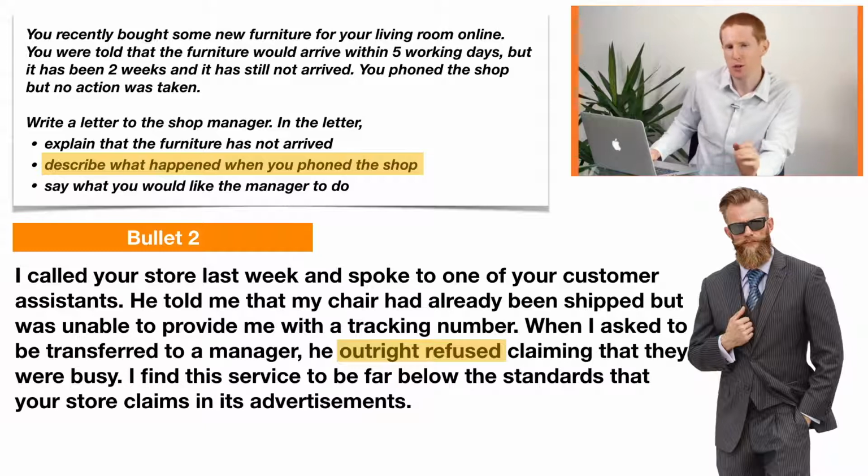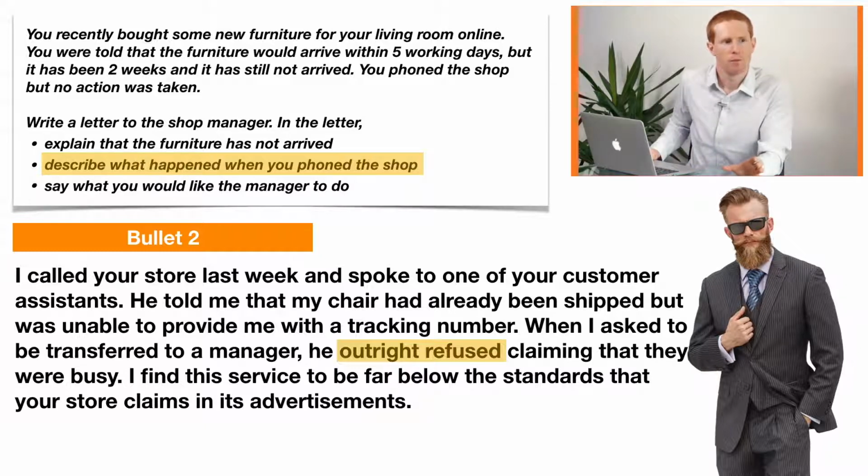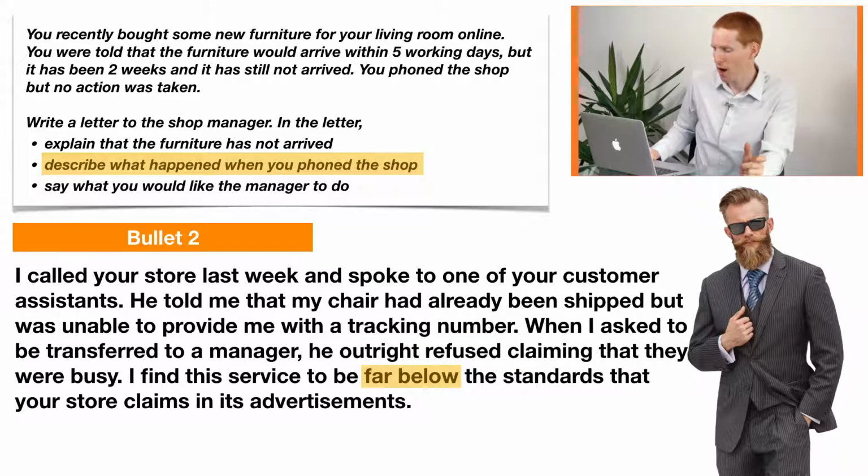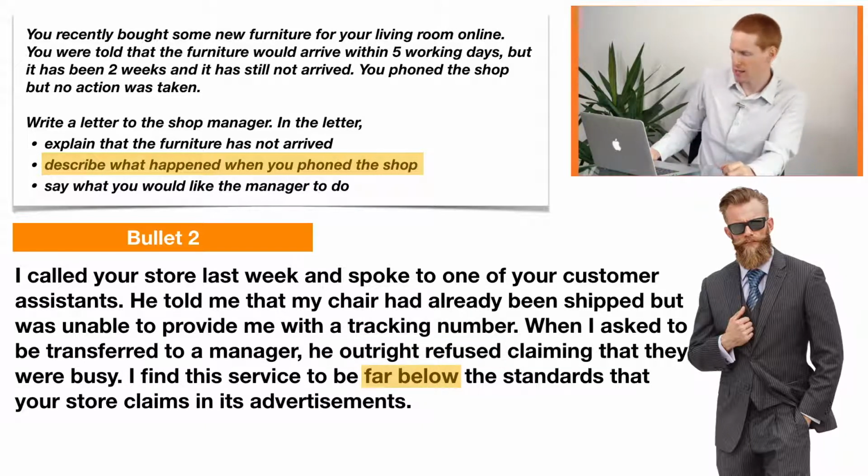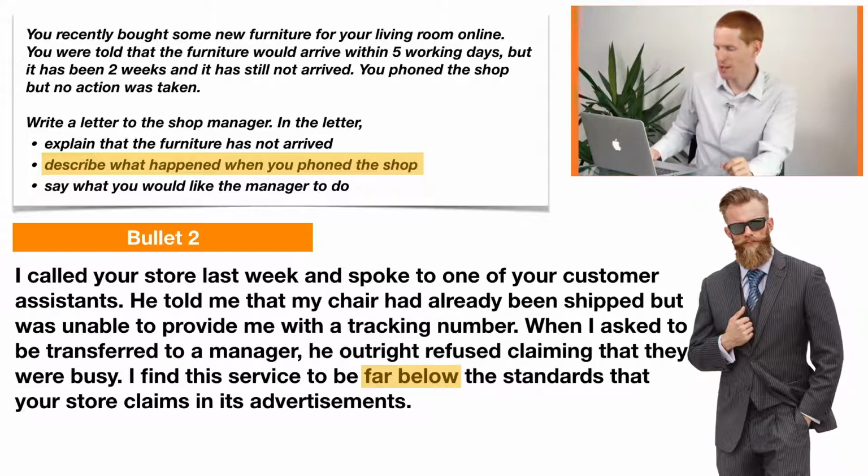Now, normally we don't use these kind of intensifying adjectives, but they're a good way of showing advanced language for your task 1 questions. Then afterwards we have "far below," so far below the standards that your store claims in its advertisements. And again, I'm just emphasizing that it's below the standards, it's far below the standards.